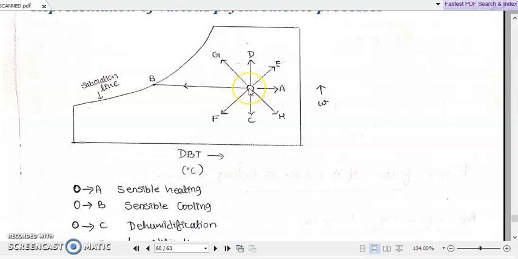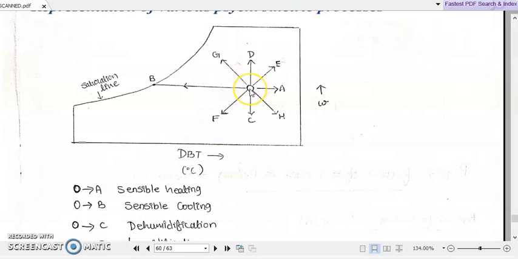In the same way, if there is a horizontal line drawn towards the left, O to B, it simply represents a decrease in the dry bulb temperature of the moist air. In this line O to B also, there is no increase or decrease happening to the specific humidity.